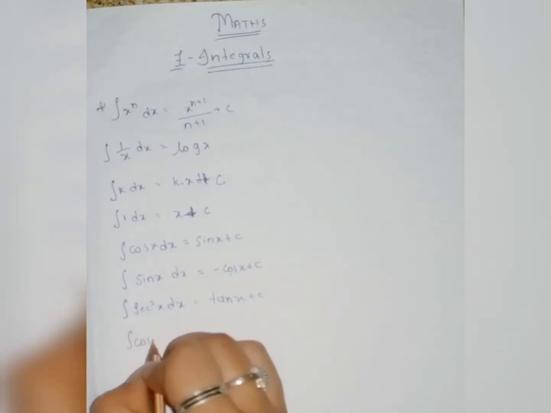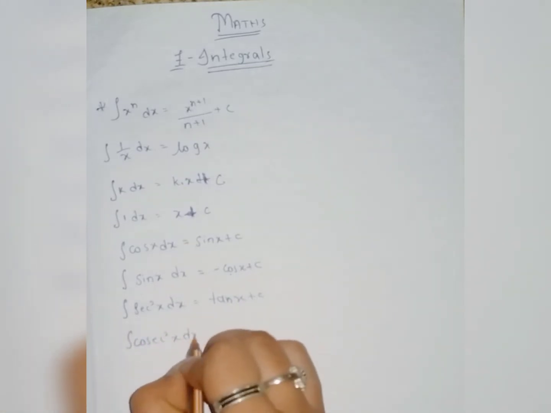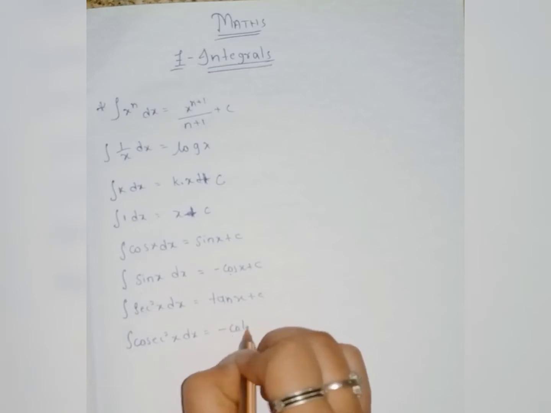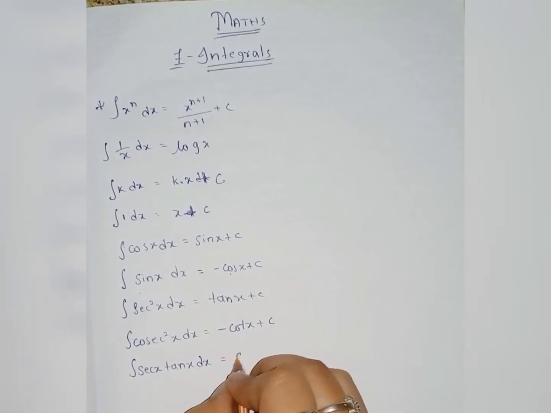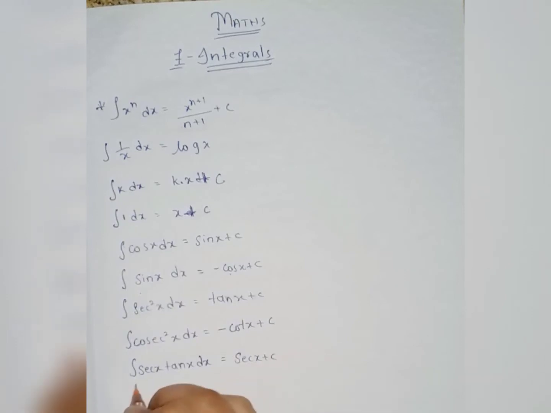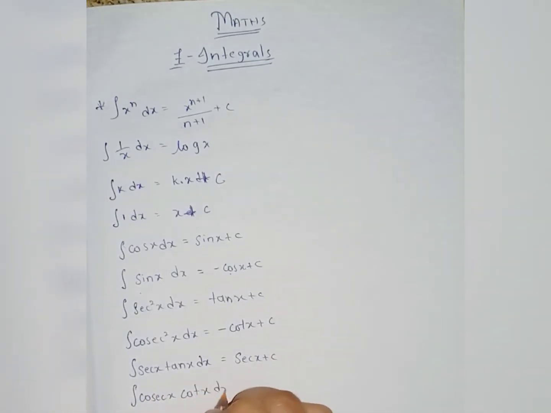Integration of cosecant square x dx is minus cot x plus c. Integration of secant x tan x dx is secant x plus c, and integration of cosecant x cot x dx is minus cosecant x plus c.